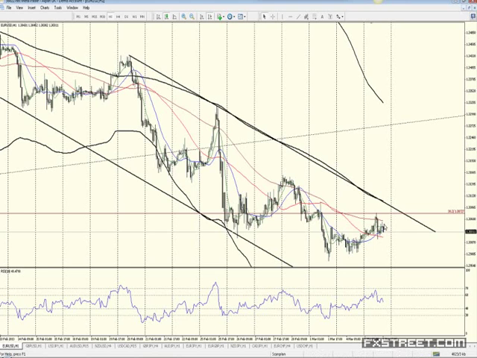At least looking at this 1-hour chart, we need to break above 1.31, break above this 200-hour moving average, break above this falling trend line to consider the loss of bearish structure and bearish momentum. Well, momentum in this 1-hour chart is not that bearish, but at least the structure would be challenged if it pushes above 1.31. Otherwise, we are still bearish.